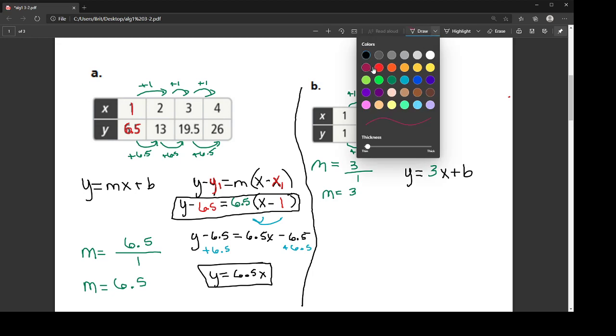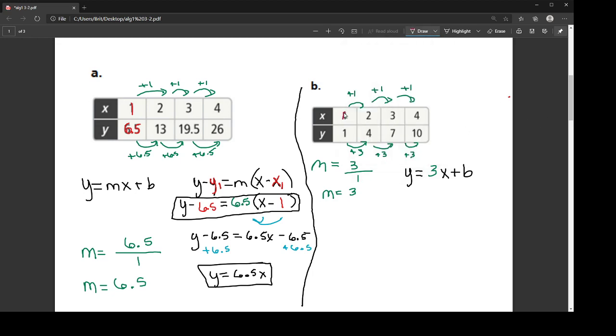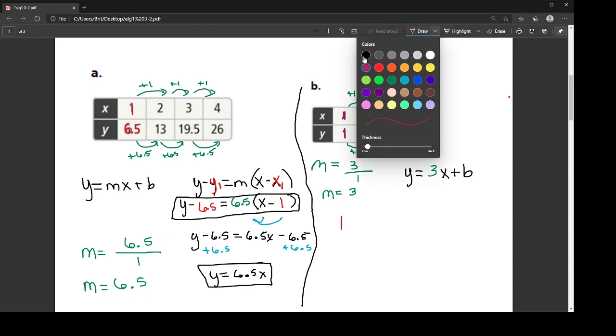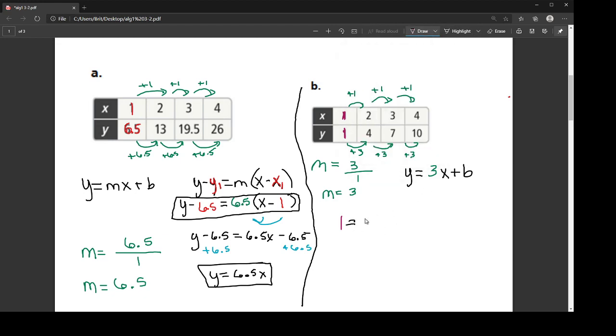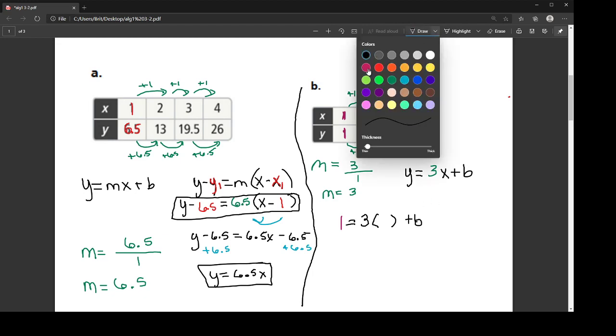I'm going to choose the point 1, 1, because I think that looks a little easier. So where the y is, I'm going to write a 1. So I get y equals 3 times x, which for x I'm just going to write a 1, plus b.